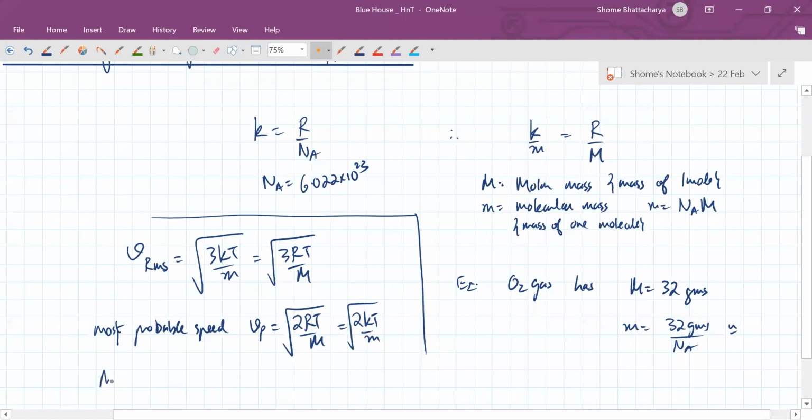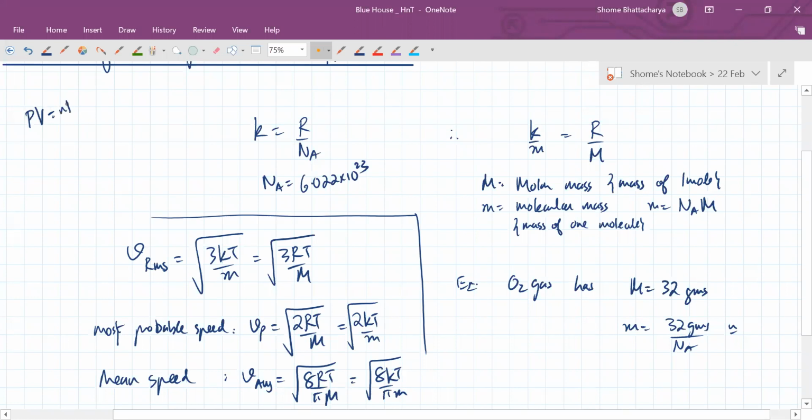And mean speed or average speed is given by the formula √(8RT/πM). That's the same thing as √(8kT/πm). Okay. And that's why you have all these equations.